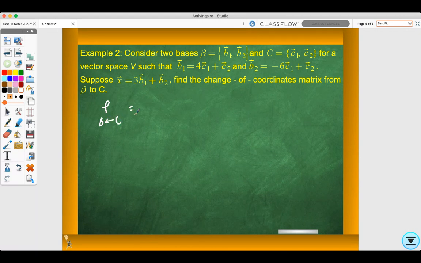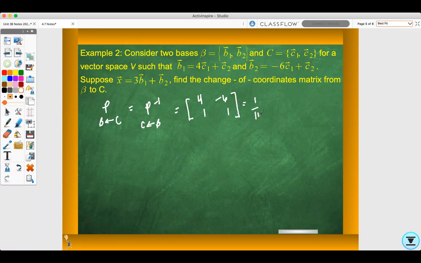So we're going to find our change of coordinate matrix from C to B. And this would be the same thing as P inverse from B to C. So B1 would be 4, 1. B2 would be negative 6, 1. And it's the same as the inverse.